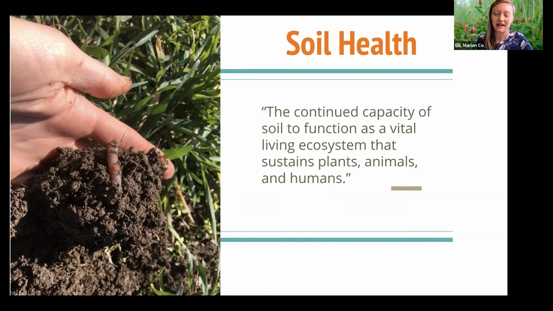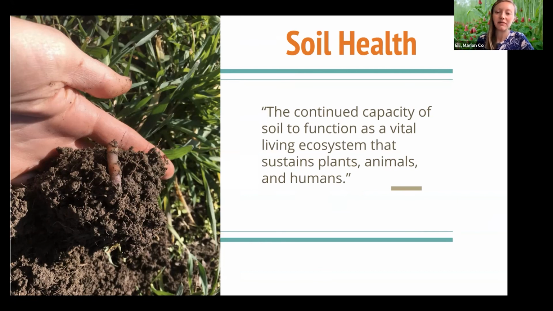That word right there is so important because it centers soil life, which is one of the most important components when it comes to soil health and enhancing productivity of our soils, and making sure that we can continue, as this says, to sustain our plants, animals, and humans. And I guess I'm bouncing back again.